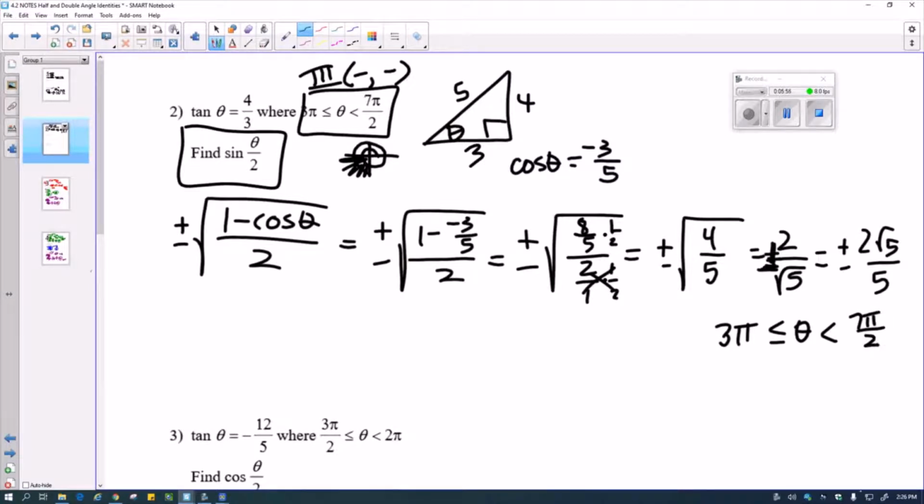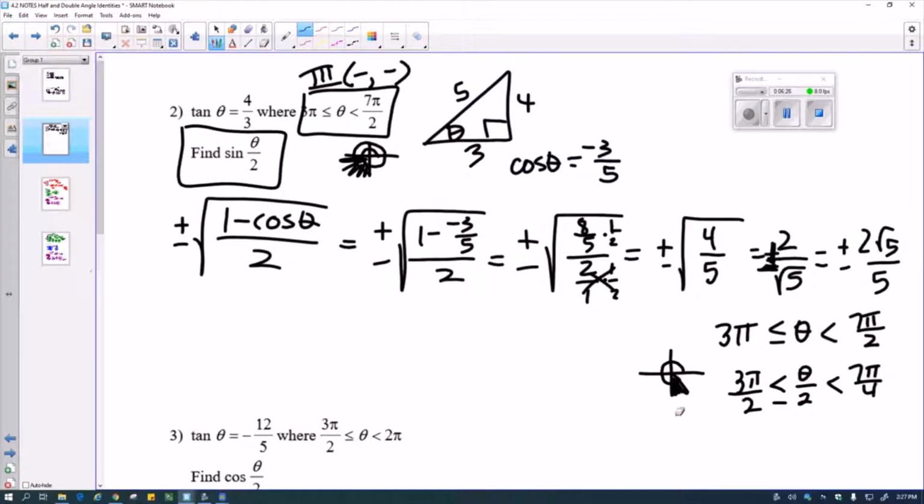But I'm looking for the half angle here, theta over 2, so I have to cut that in half. Well, I can't just cut that in half and not do the rest of it, so I'll cut the 3 pi in half, and I'll cut the 7 pi over 2 in half. And that puts me between 3 pi over 2 and 7 pi over 4. So think about that. That's 3 pi over 2 is right there, and 7 pi over 4, 1 3/4. So I'm in the fourth quadrant.